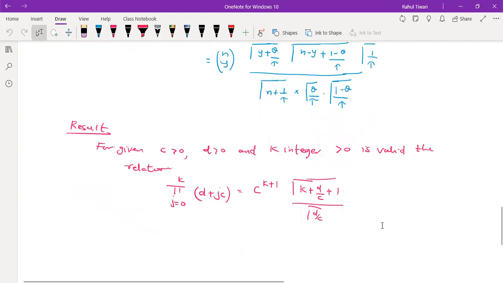So this means if we have this expression, gamma of K plus D upon C plus 1 upon gamma of D plus C, multiplied by this constant, I can express this entire gamma function in terms of a product.